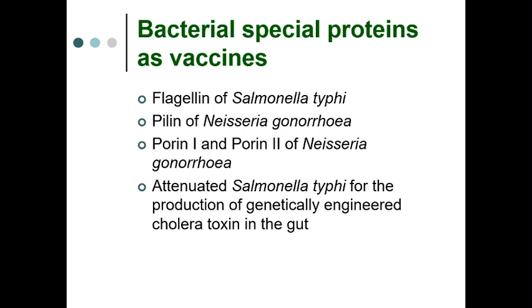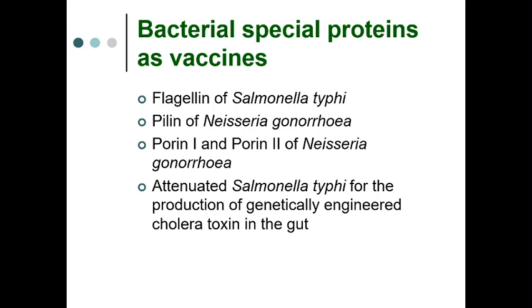By modifying these amino acids, by modifying the genetic code, the toxin was made into a harmless substance, an attenuated toxin, and was made to be produced in Salmonella typhi.